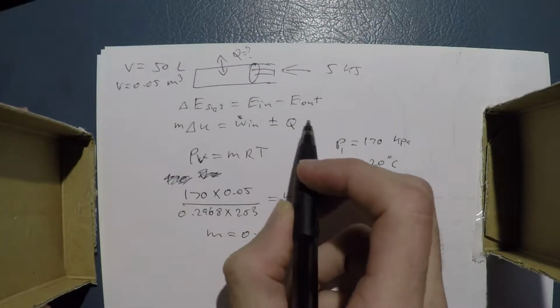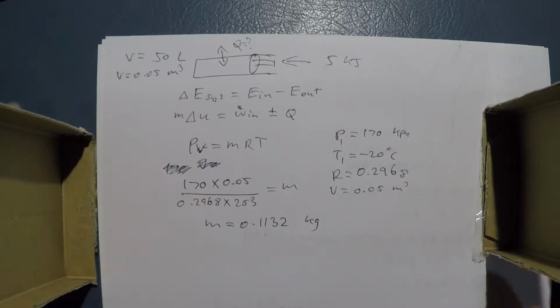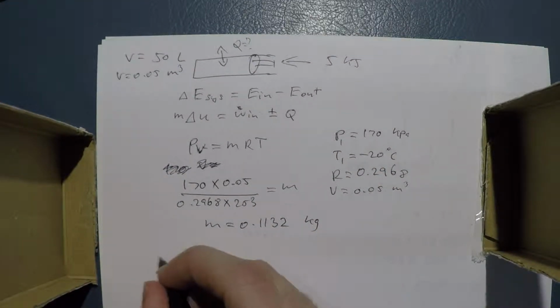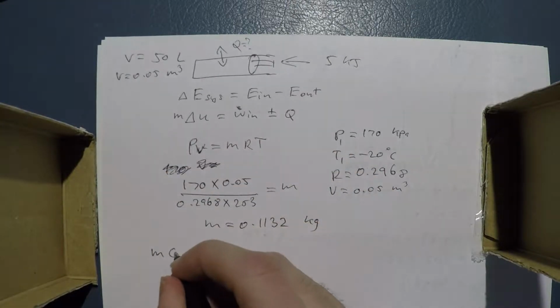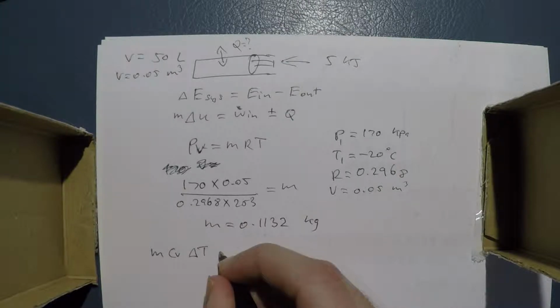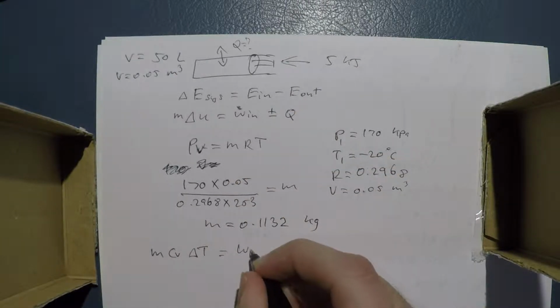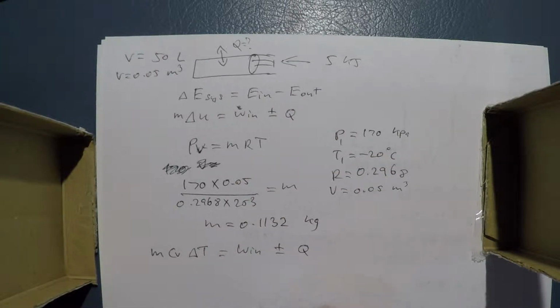Now how does this help? We can now use this equation to its full potential. So mass times delta U, which is Cv delta T, equals work in, and then there's plus or minus Q on the end.